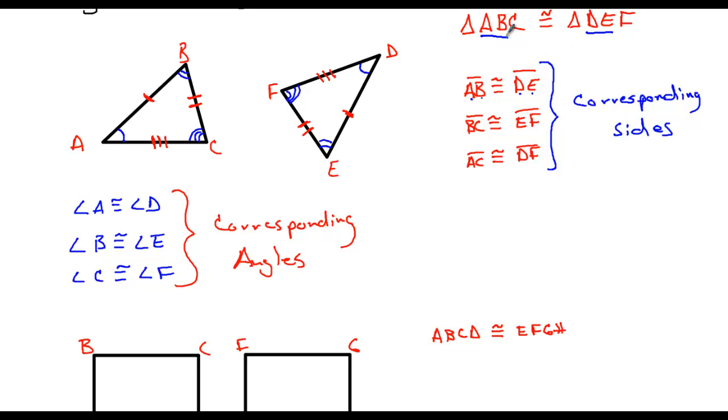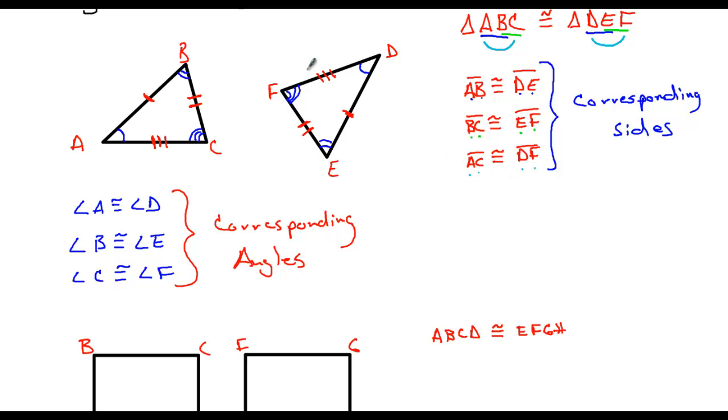Then we can see that BC and EF are in the same spot here. So BC and EF. And here we have BC, EF. And even our little elusive ones on the end here, AC and DF are in the same spots, and here we have AC, DF.